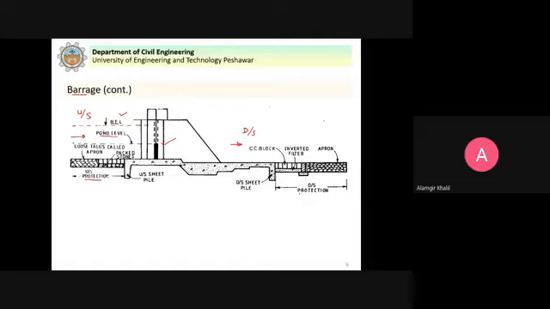Similarly, downstream protection is provided in the form of an inverted filter, to act against piping, because the material can flow. There will be seepage below the foundation of the barrage in case of alluvial soils. We will study this in detail. And the apron is provided downstream to provide protection against the scouring.